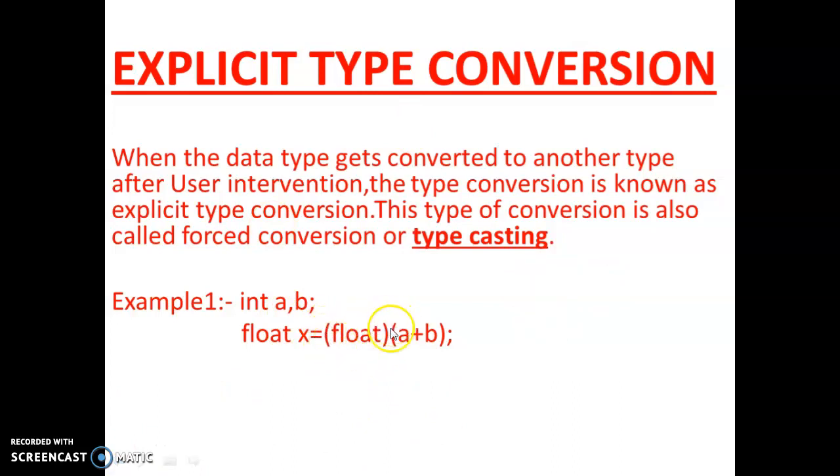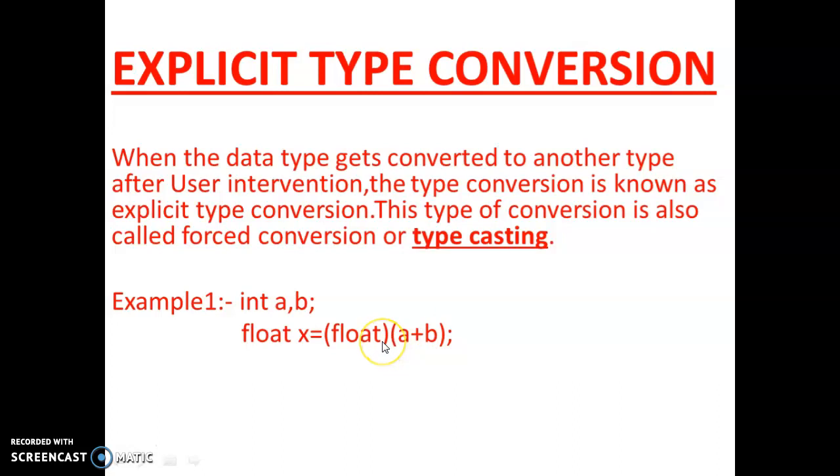Before that, within brackets I write float. After a and b, two integers, after their addition, we get one value which is of integer type only. But I want to store it as a float type, not an integer type. It's my choice that I don't want to store it as an integer type.